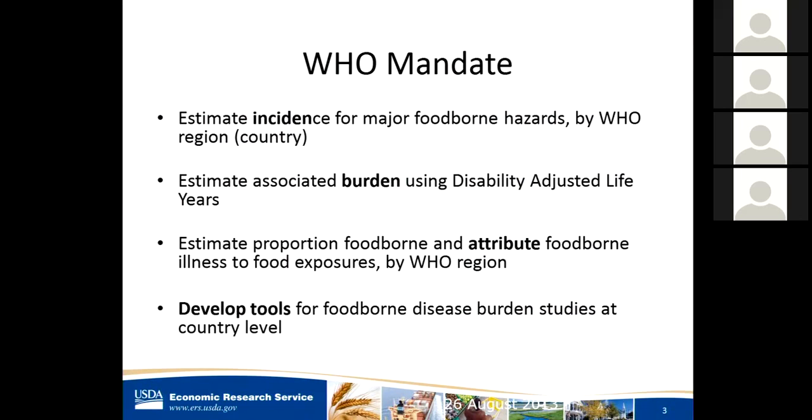In addition to having estimates of incidence and burden, we need to be able to attribute that to food and to attribute that to specific food exposures. And the other WHO desire was to develop tools that countries can use at the country level to help improve management and policy around foodborne disease.